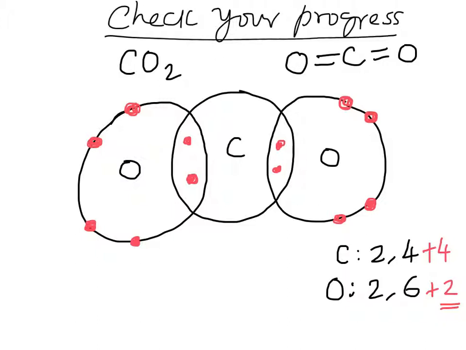Now for carbon's electrons, I'm going to use crosses, and it's got 4 on the outer shell here. So all the 4 have to be shared because it needs 4 more. So it has to make 4 bonds, it has to share 4 electrons. So all the 4 electrons are shared, 2 each: 2 with this oxygen and 2 with the other oxygen.